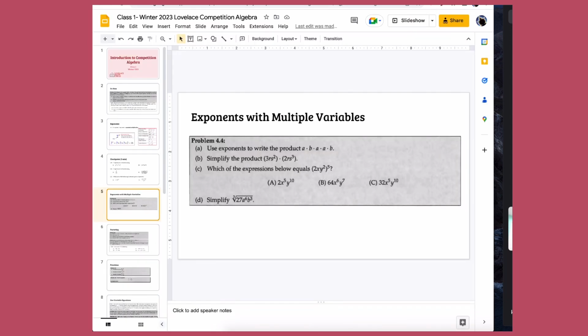And the thing with multiple variables isn't that different from one variable. It's just noticing that you can group the like terms together. So there isn't really anything new. If you understand how to do it for one variable, then it should be simple for more than one variable. Okay?